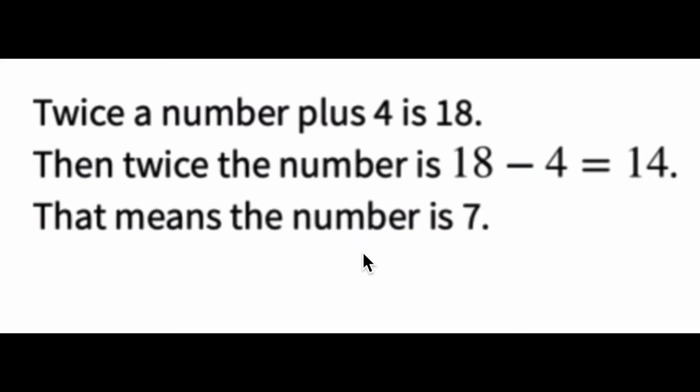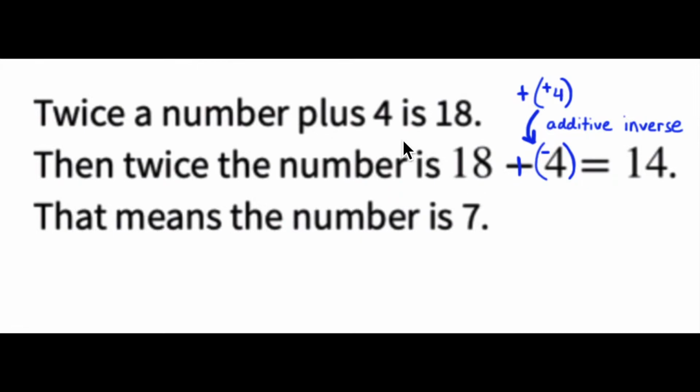So reasoning through to solve the puzzle, if the last step is to add 4 to get to 18, then to get back to twice a number means that twice a number is 4 less than 18. So the idea is to use the additive inverse. If you're adding 4, then to get rid of that 4, you're going to add a negative 4, which is the same as 4 less than 18, or 18 minus 4.